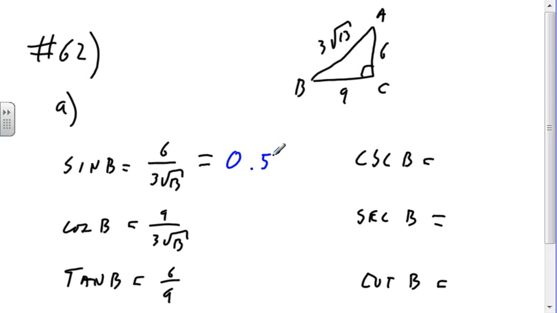I have 0.555. Well, that's better than 666, right? 1 divided by answer, 1.80.